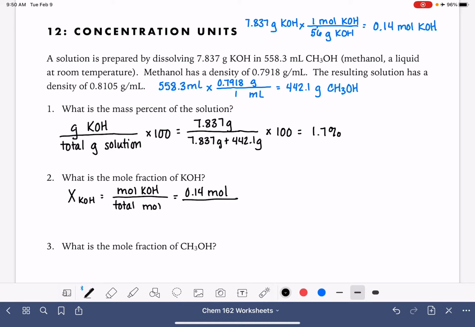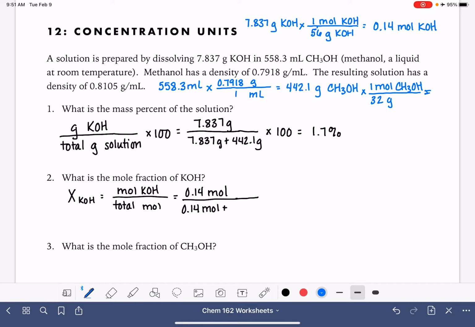The total number of moles of solution is going to be the moles of the KOH plus the moles of the CH3OH. So we need to figure that out as well. To figure out the moles of the CH3OH, we're going to use its mass. We've already got that part calculated, and we're going to convert that into moles. 1 mole of CH3OH divided by its molecular weight, which is about 32 grams.